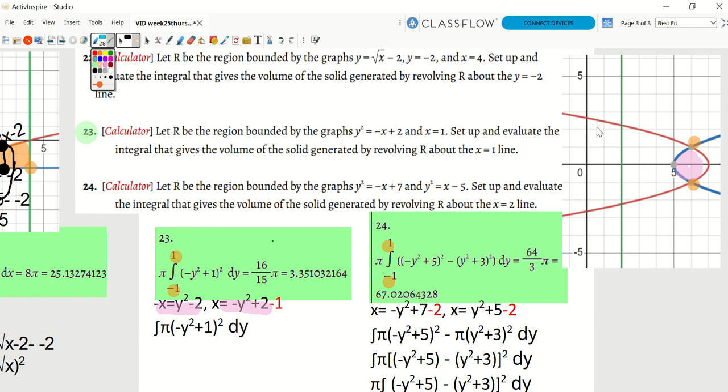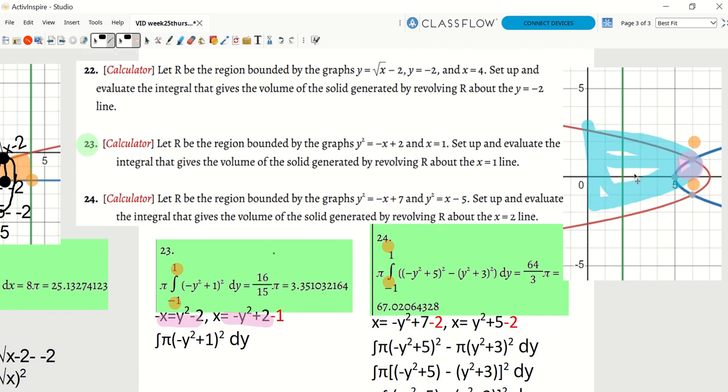So the key thing to remember is that if you do blue minus, let's see if I can bring this back, blue minus, I'm going to call this the white zone. So blue minus white, this blue minus this white is going to give you the remaining pink. Let me be consistent with my colors here.